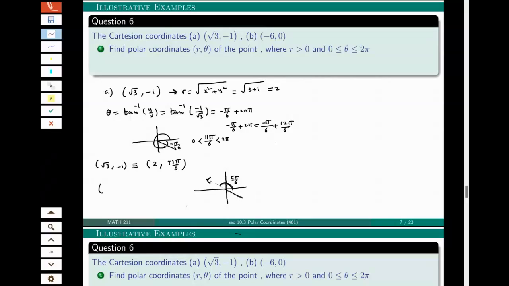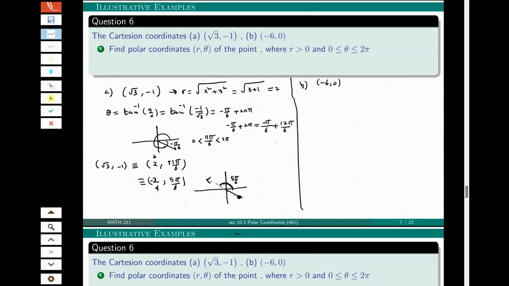But the direction here is positive. So to get this point, I will say negative 2 and the angle 5 pi over 6, also equivalent. So this is equivalent to the same point in the Cartesian system. So this is with r negative, that is with r positive, but both are equivalent to root 3 and minus 1.